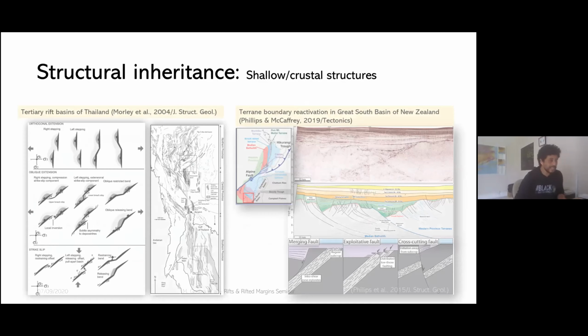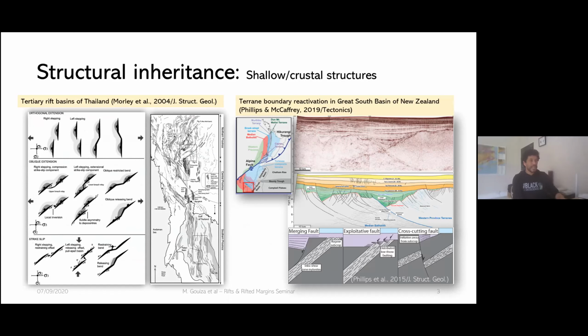This is just like what Chris and Tom mentioned earlier, focusing on structural inheritance.